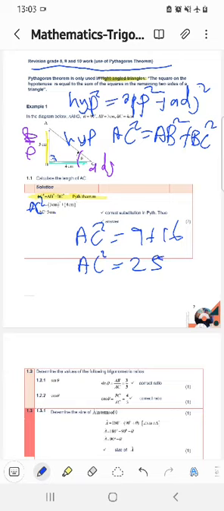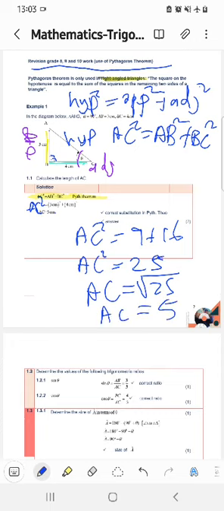Now from this 25, AC equals the square root of 25. So AC equals 5 centimeters. So that's how they got the value of 5 here.